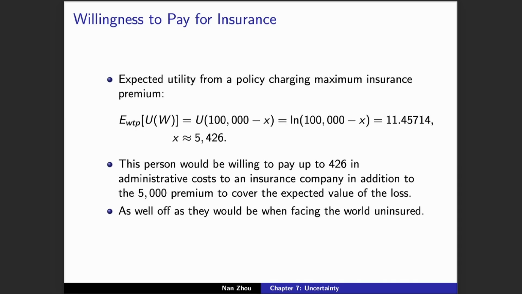However, because the expected utility is higher under fair insurance than with no insurance at all, the insurance company, if it were not forced to charge fair insurance, could actually charge a little bit more than this, right? In order to figure out what's the highest premium that the insurance company could charge, we want to find the certainty equivalent.